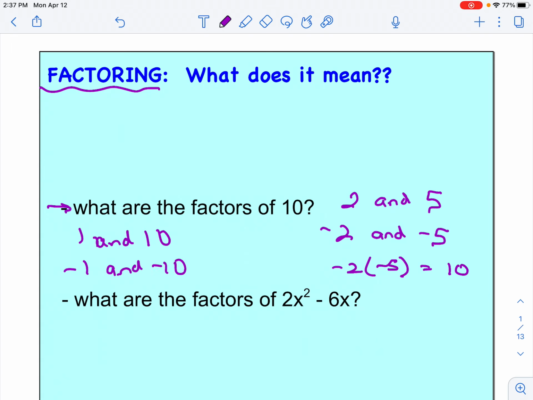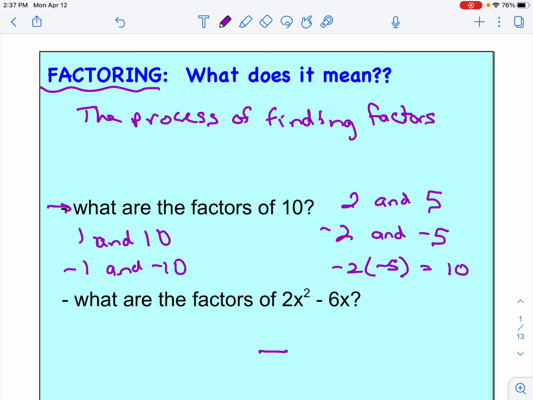So when we talk about factoring, it's really the process of finding factors. Okay? So when I ask you, what are the factors of 2x squared minus 6x, I'm asking what times what would equal this product.